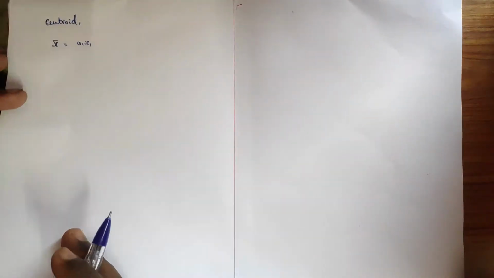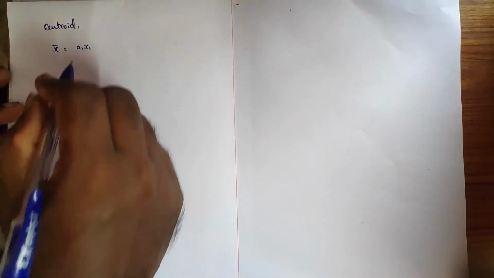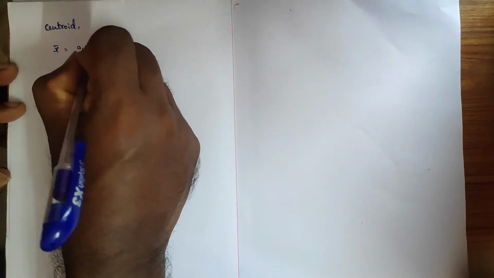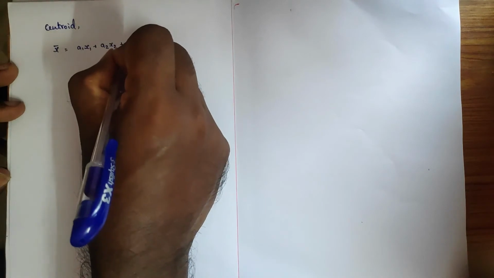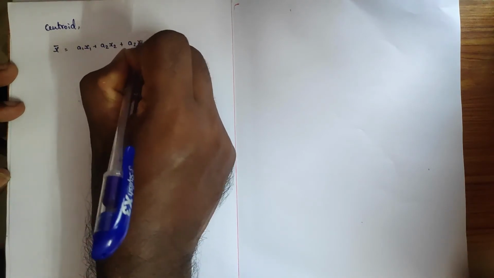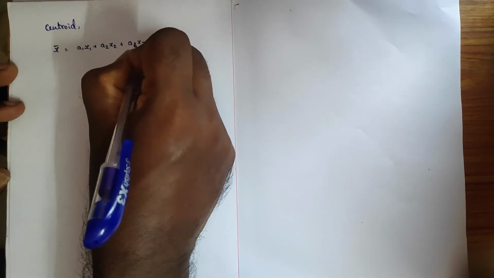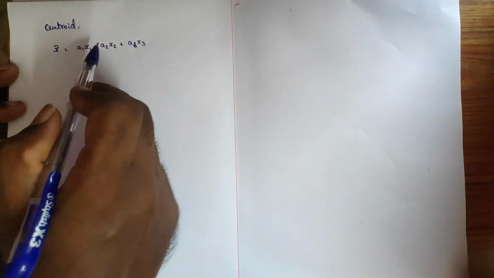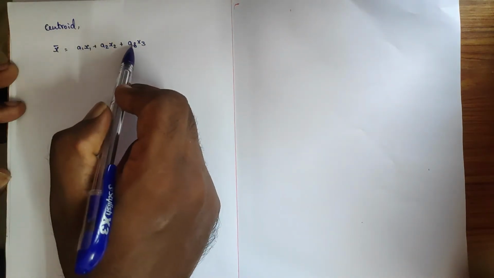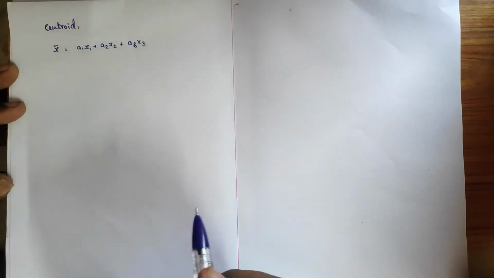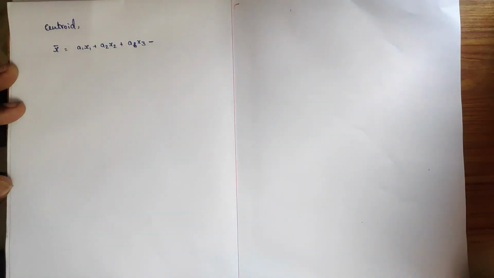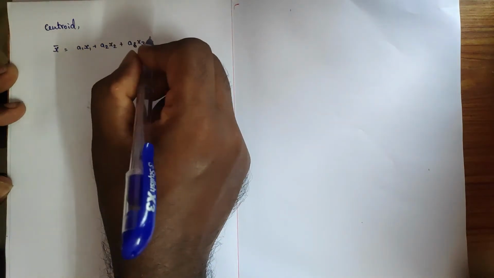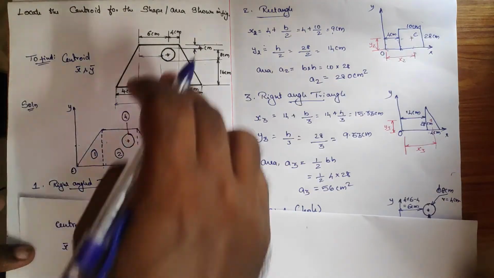So what I'm going to do, just see the formula: a1 x1 plus the second component a2 x2 plus a3 x3. Okay, a1 x1 plus a2 x2 plus a3 x3. I said the circle is a whole, so I'm just going to minus it, it's not our part, so I'm going to minus it from the total.